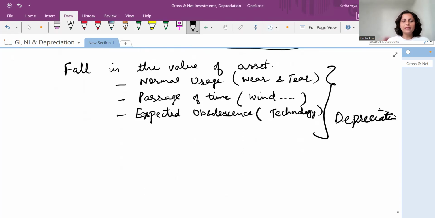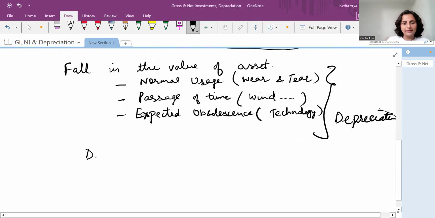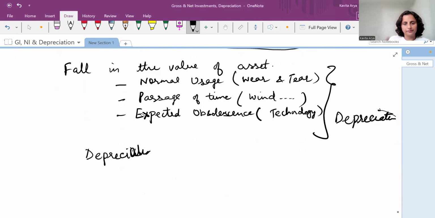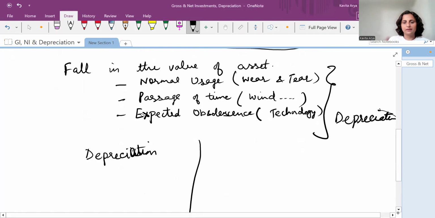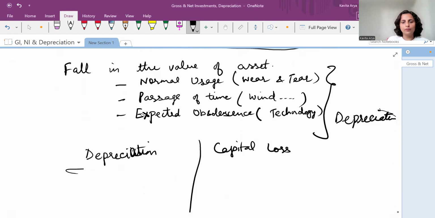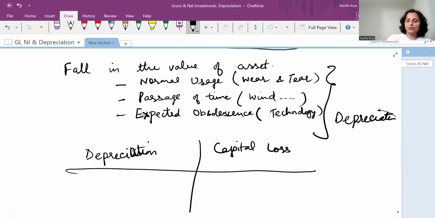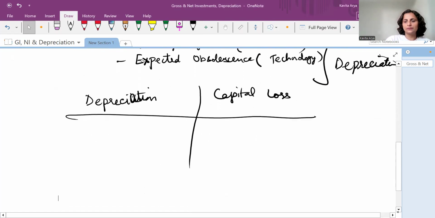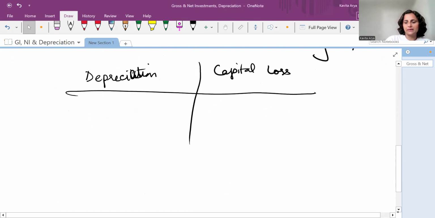Many a times we do come across the question: what is the difference between depreciation and capital loss? This is a question asked in the boards for 3 marks. So for every differentiation, you should have 3 to 4 marks pointers.